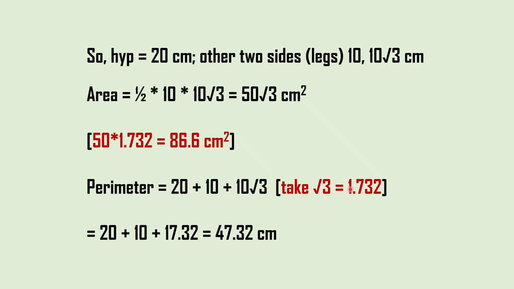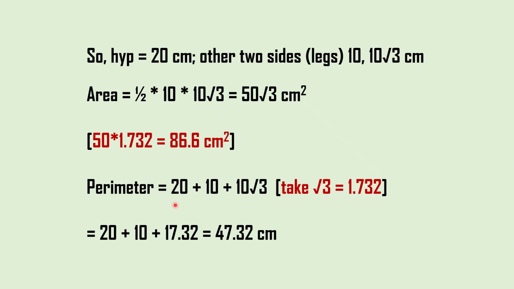So to multiply by 10, just shift this decimal point one place to the right, you will get 17.32. So 20 plus 10 plus 17.32. When you add, you will get 47.32 centimeters.